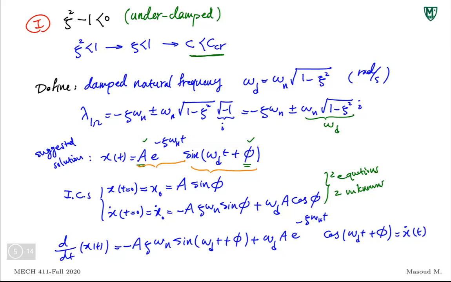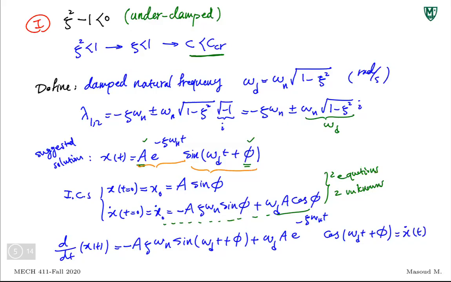Now, first step, I'll do a couple of tricks to get what I want. Instead of solving this, because it's a nonlinear set of equations, I'll divide the bottom one by the top one.